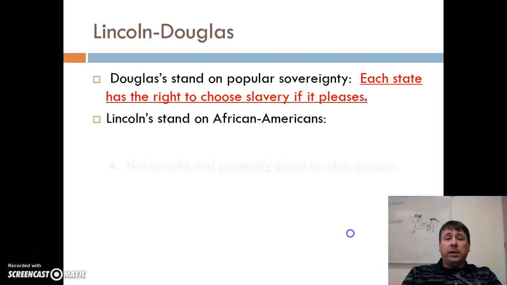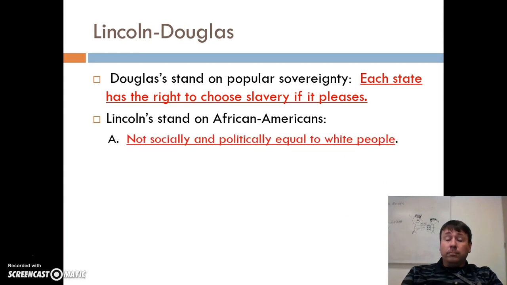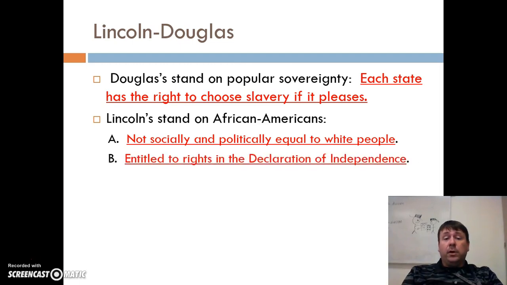That wasn't actually the case. He did not feel that African Americans at the time were socially or politically equal to white people. So he didn't think they should have the right to vote, things of that nature. He did feel that African Americans were entitled to rights that were listed in the Declaration of Independence. Those would be life, liberty, and pursuit of happiness. Okay, so he felt that everybody was entitled to those rights.